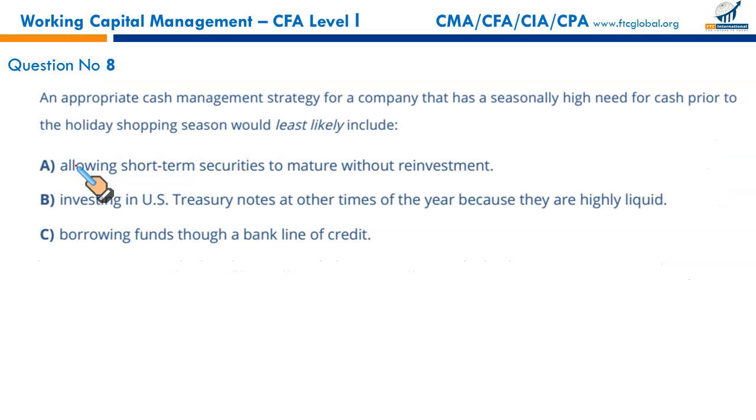Next, an appropriate cash management strategy for a company that has seasonally high need for cash prior to the holiday shopping season would least likely include what? Like holiday season, like near Christmas, the company needs more cash.